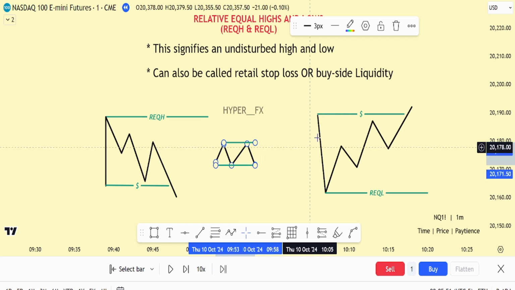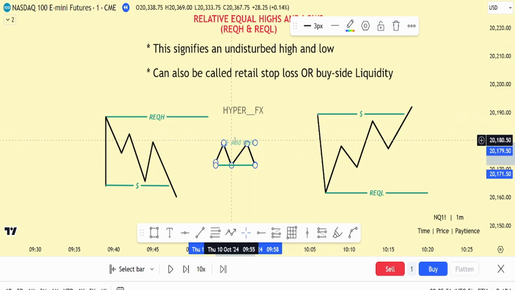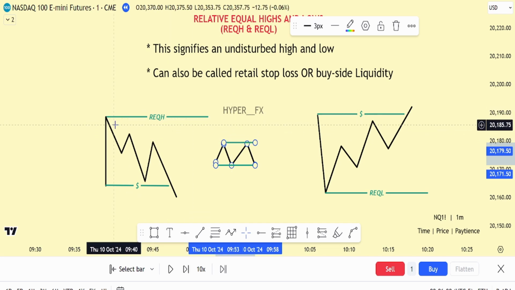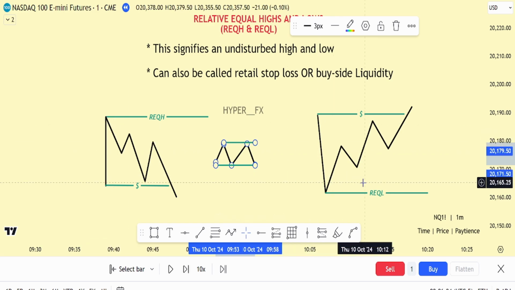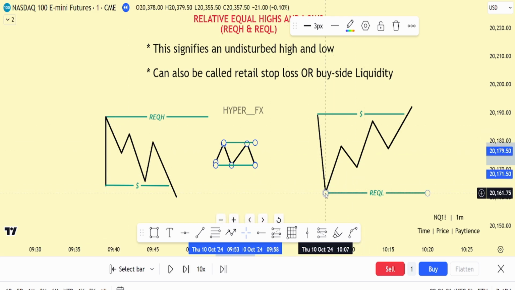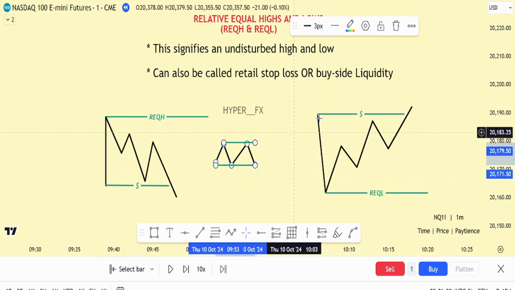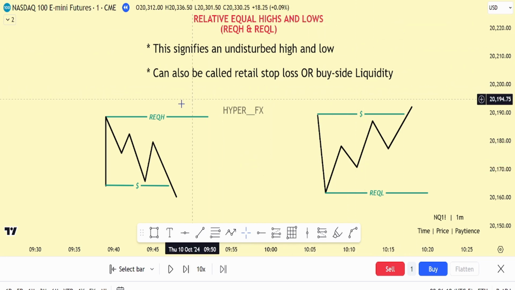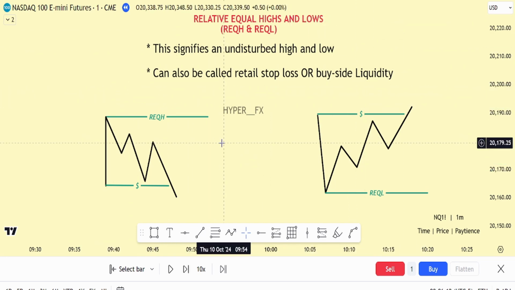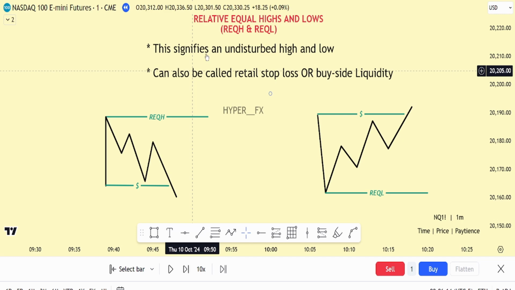Let me quickly take your attention to the bullish scenario of equal highs and lows. I hope I made myself clear with what I illustrated here. So a relative equal high to the left, and we have a relative equal low to the right. First of all, let us read out what I have on the screen.